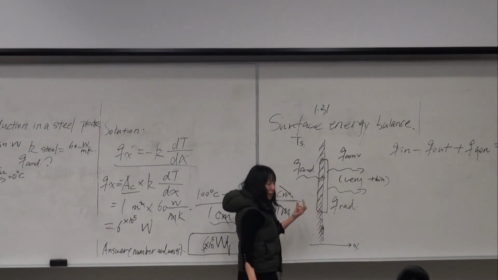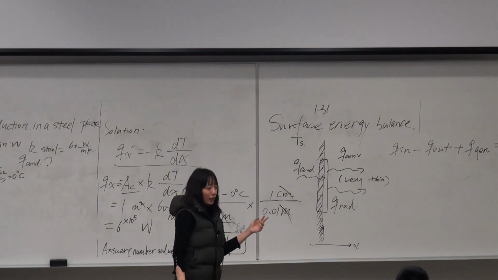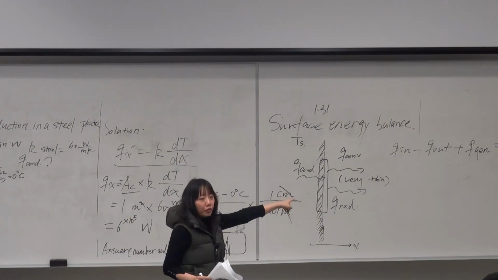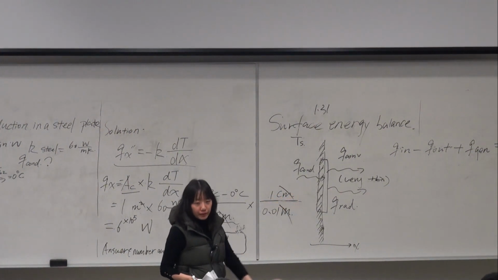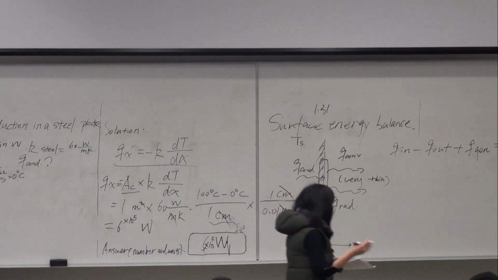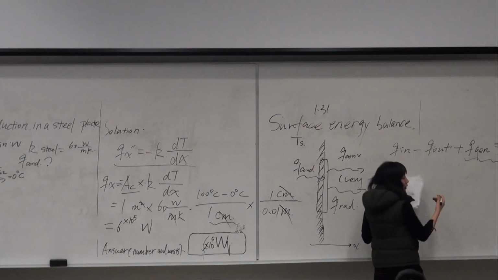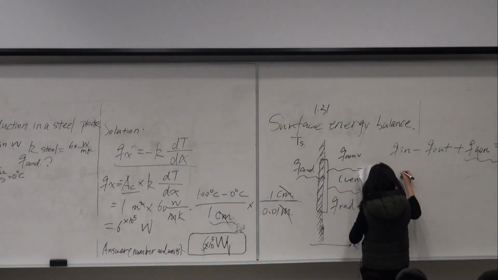If I pick a very, very thin control volume, what can be the term for volumetric generation? If the volume is almost 0 or tends to 0, the volumetric term is exactly 0.